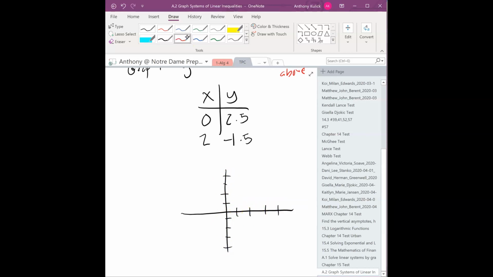Okay. So 0 and 2.5, it's about right there. And then 2 and negative 1.5 is about there. We said we needed to draw a dashed line, and we need to shade above.